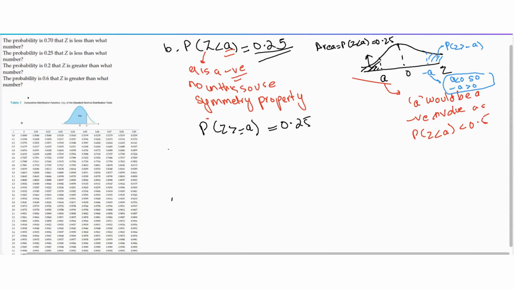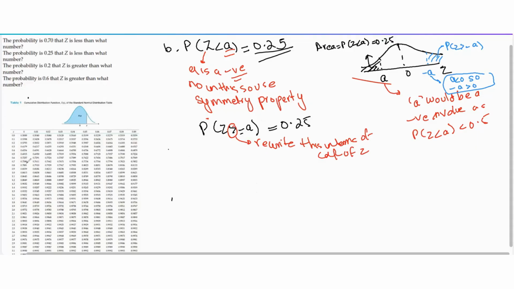But now we know the z table only has CDF values for positive values. First we said this was a CDF value but with a negative value of z, so we had to rewrite it using the symmetry property. Now, again, this is not a CDF value. We need to write it in the form probability z is less than or equal to some value, because the z table only has CDF values. So we will rewrite this in terms of the CDF of z.